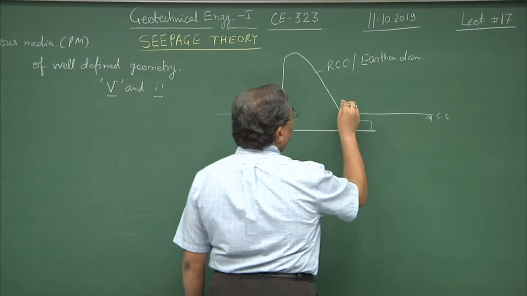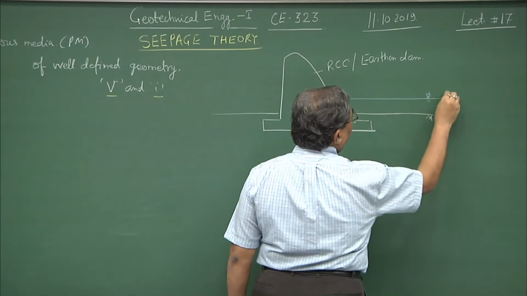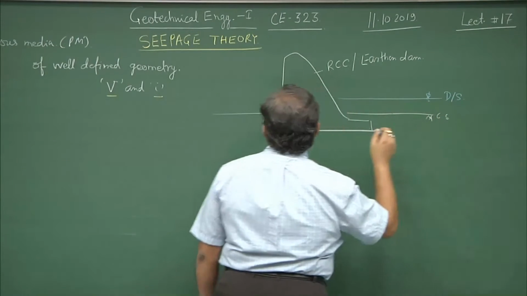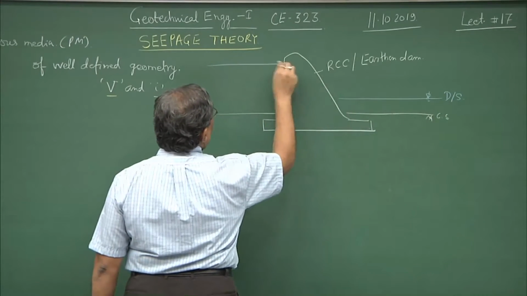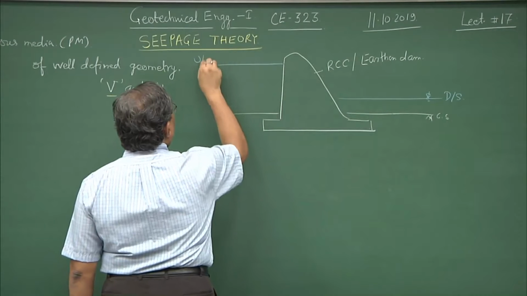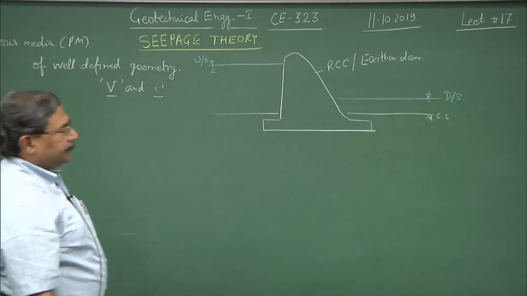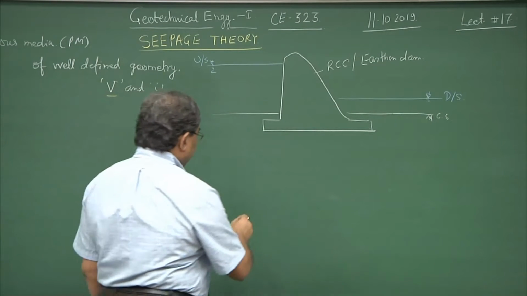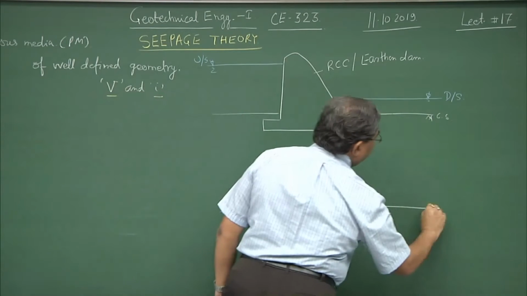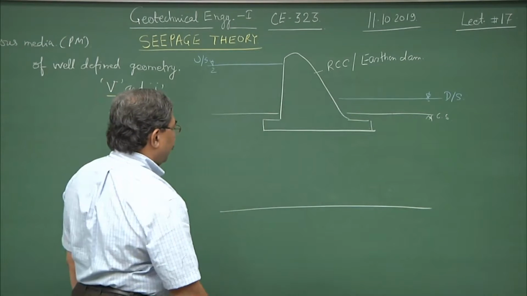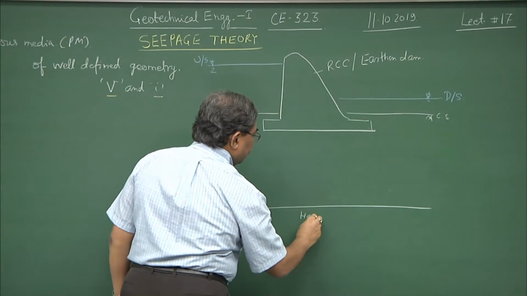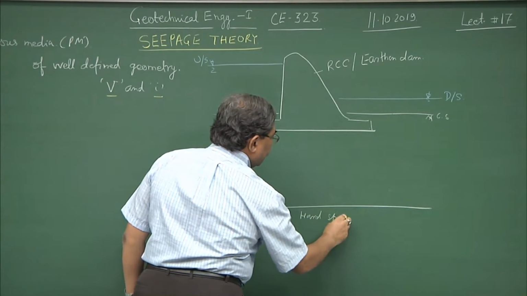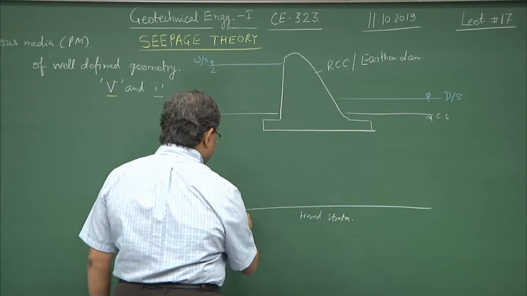So, suppose this is the downstream water and this happens to be the upstream water, and if I demonstrate the hard strata by drawing this line, this is the impervious layer.